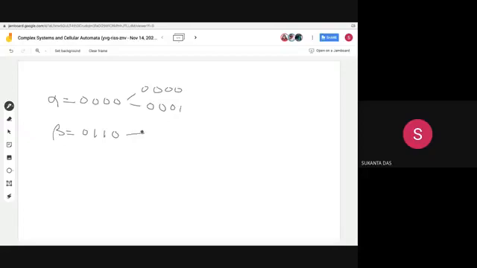Similarly from beta I can get 1, 1, 0, 0, and I can get 1, 1, 0, 1. So this means 12, and this 13.